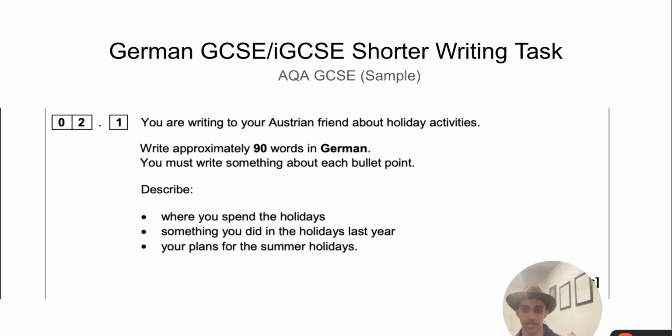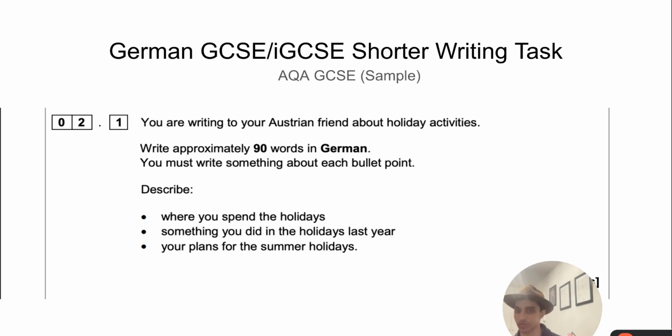The second one is definitely geared towards past tenses because it asks about what you did last year. And the third bullet point is more focused on the future, your plans for the summer holidays, so you're more likely to use future tenses, maybe even the conditional. So definitely watch out for those clues that the bullet points themselves can give you.